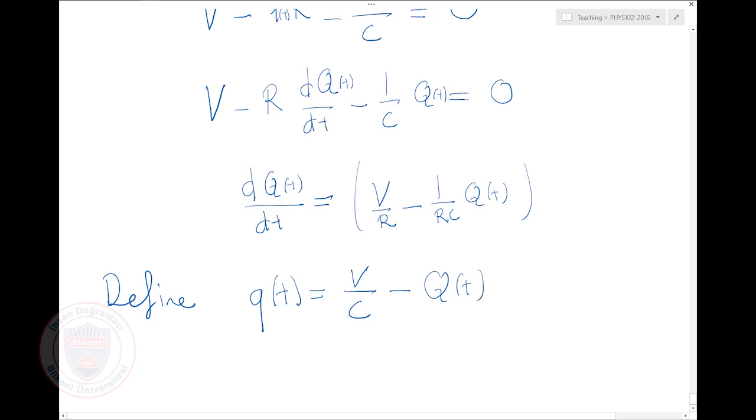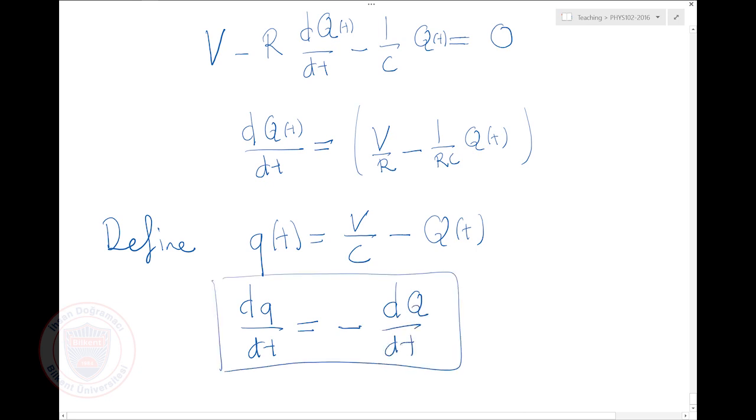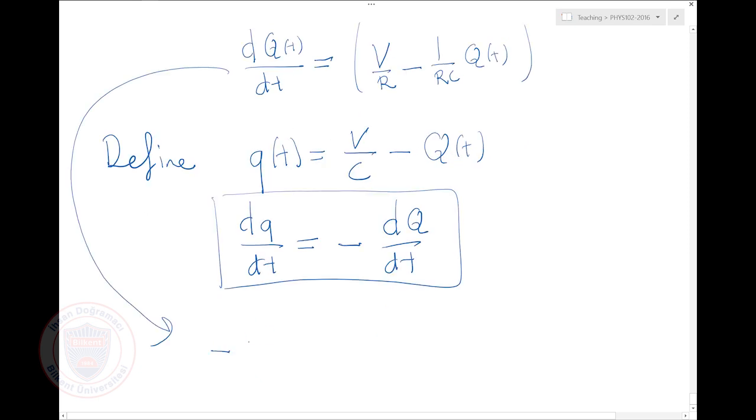I'm just saying I'm subtracting Q of t from a constant. Now what's dq dt? Small q dt. V and C are constants. If I take a derivative of the constants, they are gone. Minus dQ dt.